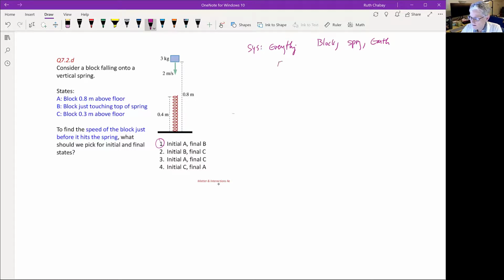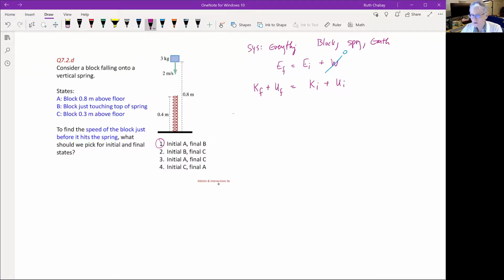So we have E final is E initial plus work, and since everything's inside the system, that's 0. Expanding that, we have K final plus U final equals K initial plus U initial.